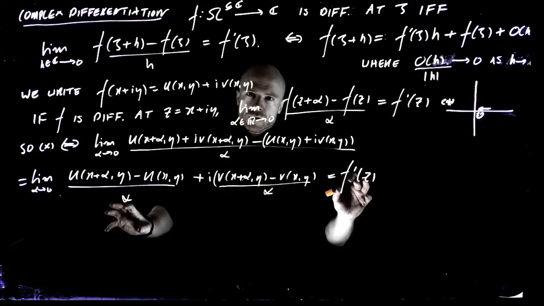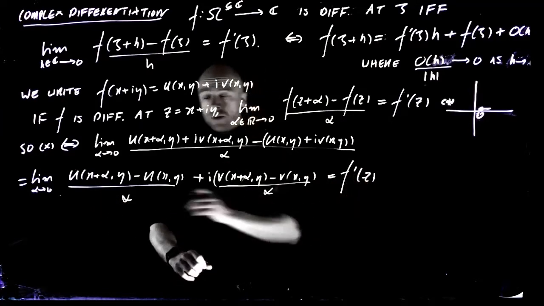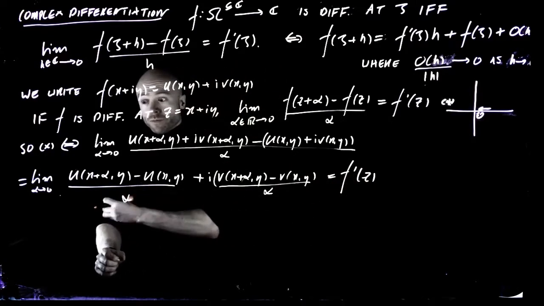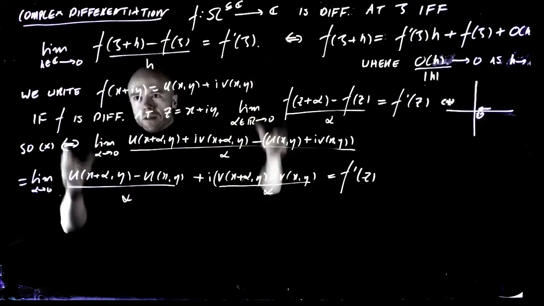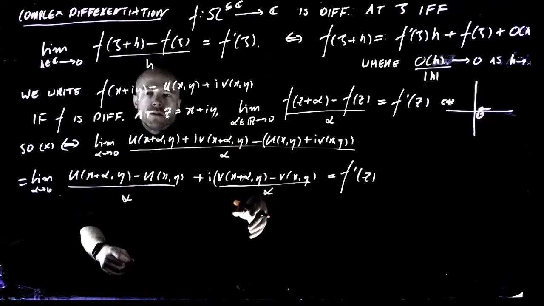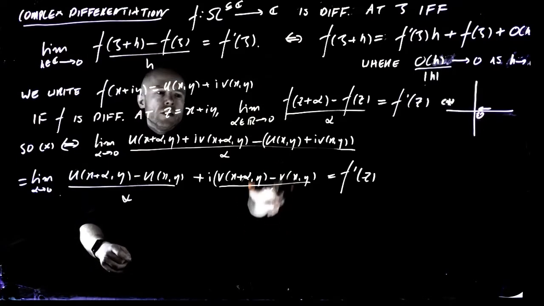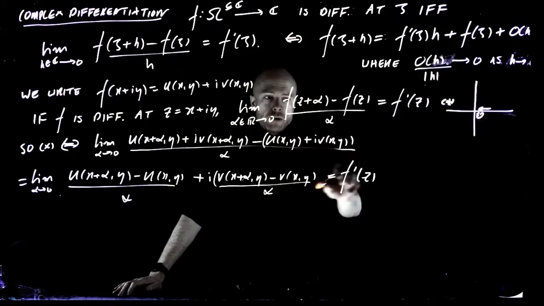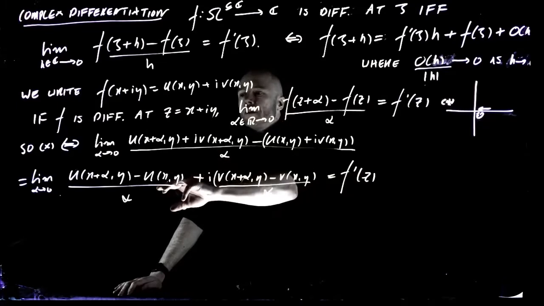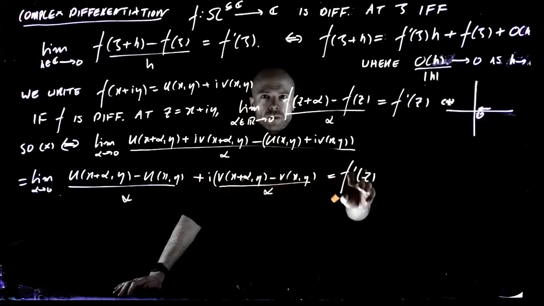Another way to think about this is to take this complex number and project it down onto the real numbers. Then we would not see this guy, we'd just see the real part of this, and therefore this limit would have to equal the real part of this, right?